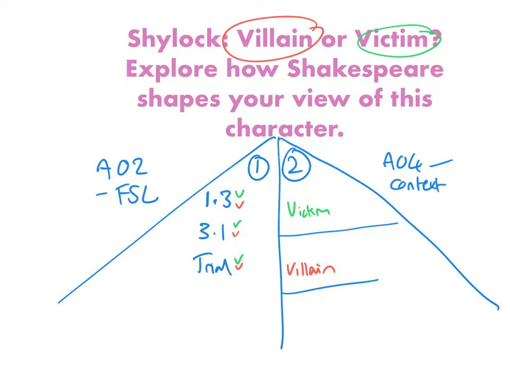So just bear in mind that if you have chosen this way to structure it, I'm going to be using the following structure: victim, villain, and then I'm going to be treating the trial as its own separate section, because in this scene, the villain and victim combines, and Shylock, as you know, changes roles dramatically.